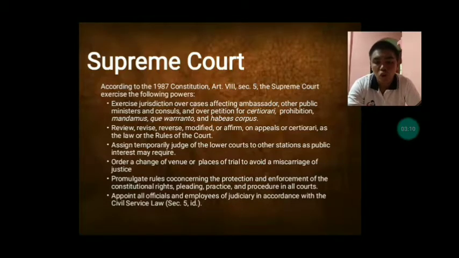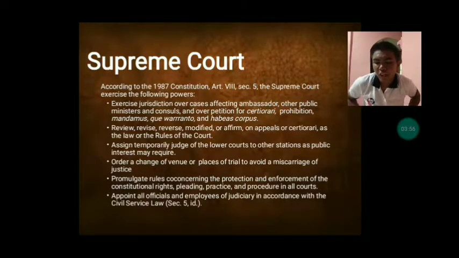Such rules shall provide a simplified and inexpensive procedure for the speedy disposition of cases. They shall be uniform for all courts of the same grade, and shall not diminish, increase, or modify substantive rights. Rules of procedure of special courts and quasi-judicial bodies shall remain effective unless disapproved by the Supreme Court.